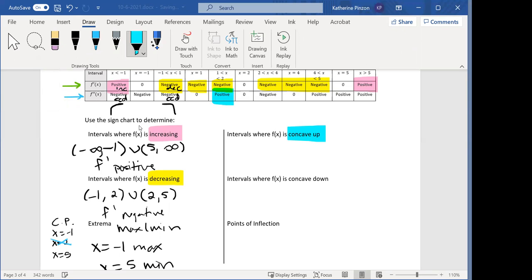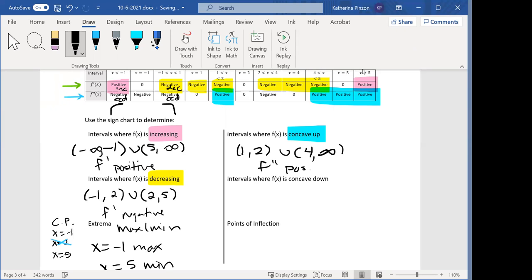So here and here, right? So from 1 to 2 and from 4 to forever. Concave up. Okay, so let me fill that in here.